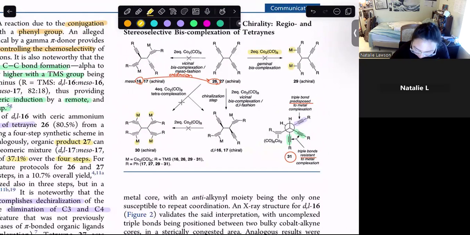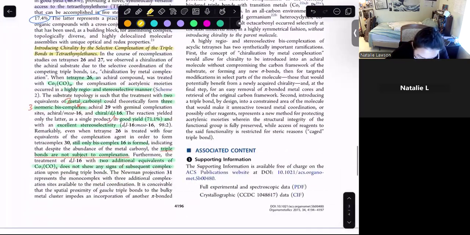All the equivalents will make the tetracomplexation. And then, okay, monocomplex, three additional sites for metal complexation. Let's see whether the spatial cost can be gauche.